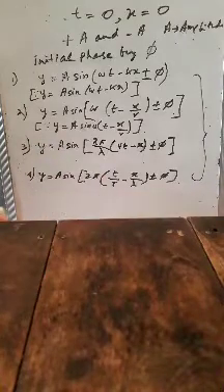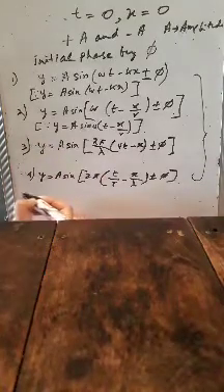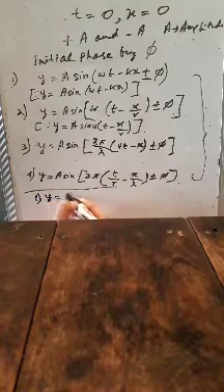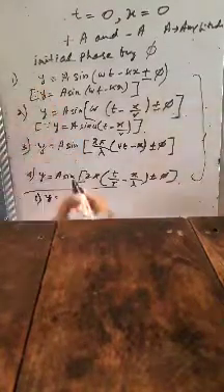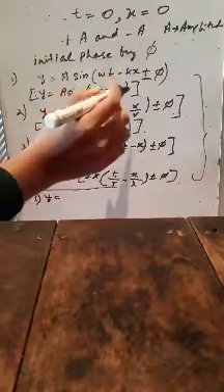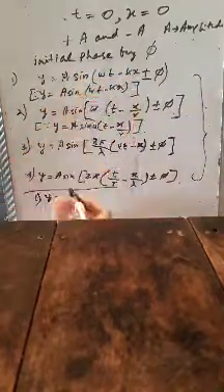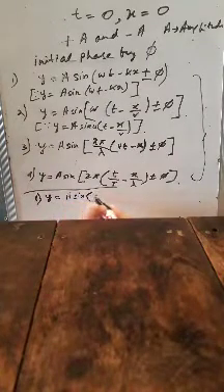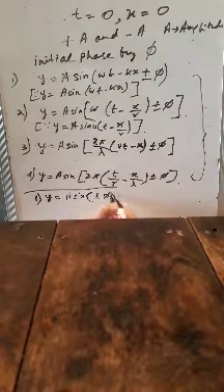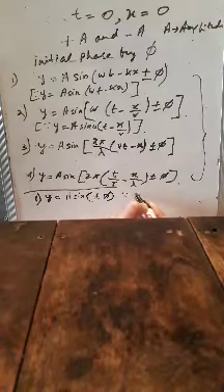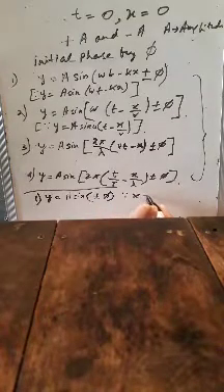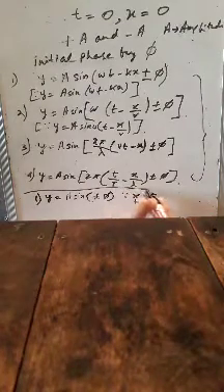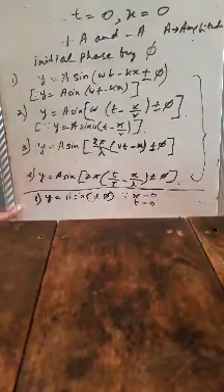I am writing it here. We had in our equation y equals a sin(omega t minus kx plus minus phi). So we'll be left with only a sin within bracket plus minus phi, as x equals 0 and t equals 0. Very easy calculation.